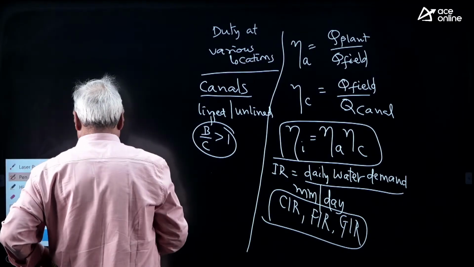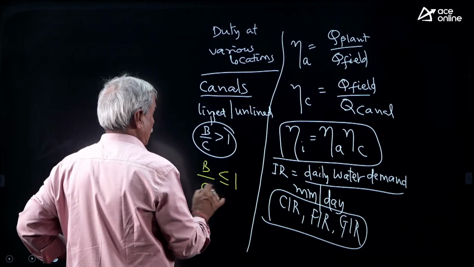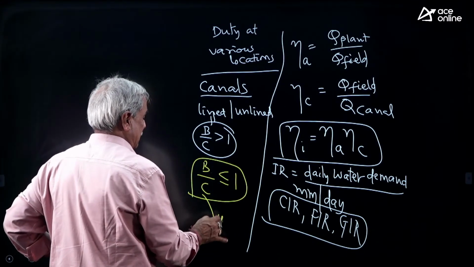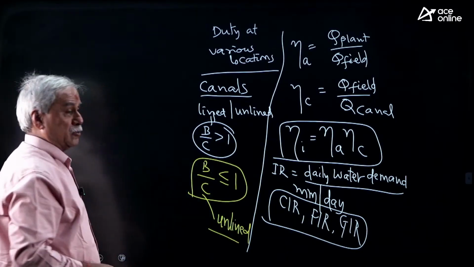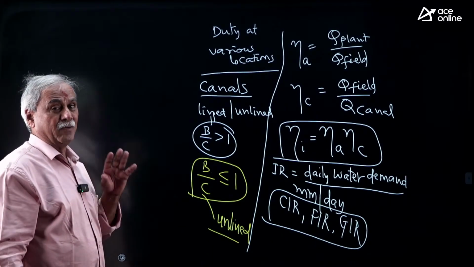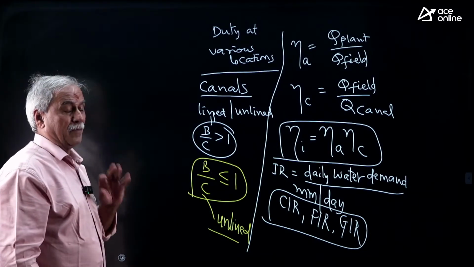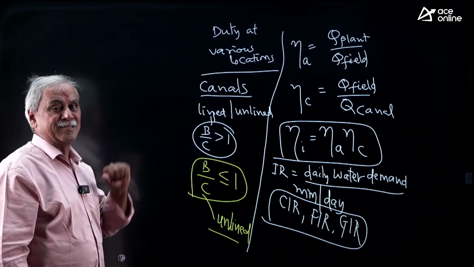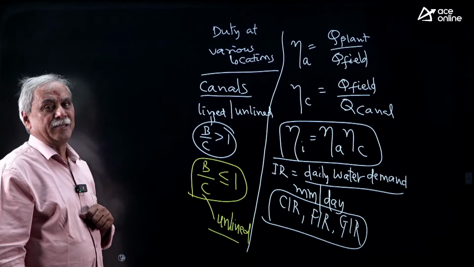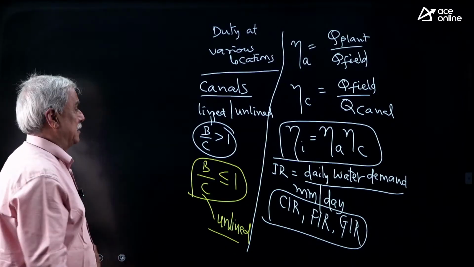If the benefit cost ratio is less than or equal to 1, we keep the canal as unlined canal. For the water to supply to the field, either we will be taking the help of lined canal or unlined canal. Generally, main canal and branch canal are lined canals; major distributary, minor distributary and field channel are unlined canals.